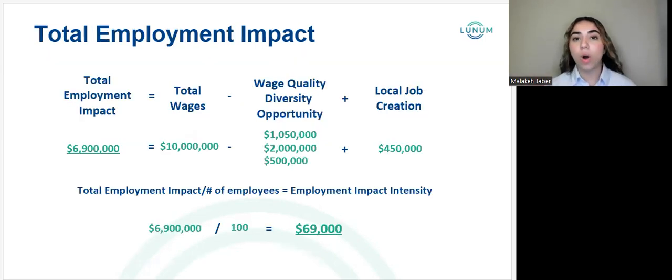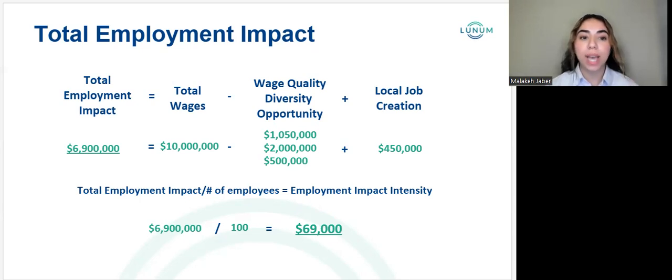Now that we've calculated all of the individual adjustments, we reach our final step, the total employment impact. So you see here the formula I referenced earlier. Total employment impact equals total wages minus wage quality, diversity, opportunity, plus local job creation. So we're going to plug in all of the numbers we've just previously calculated. The total wages we knew at the beginning was $10 million.